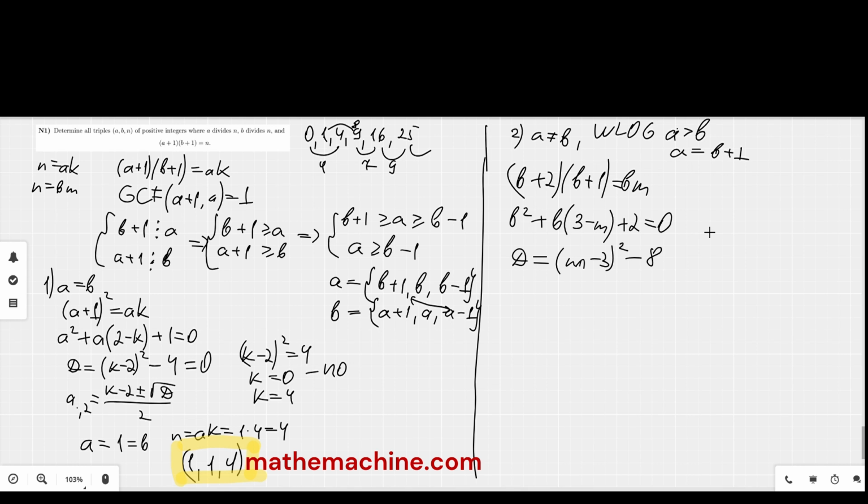So the discriminant should equal 1, and (m minus 3) squared should equal 9, which is possible for two options, when m equals 6 and m equals 0. Again, m equals 0 doesn't work because the right hand side of the equation is going to be 0.